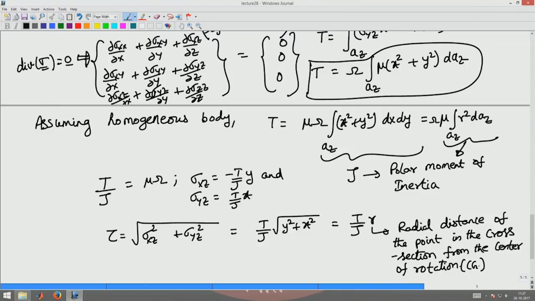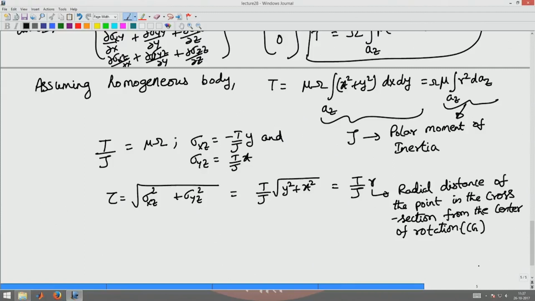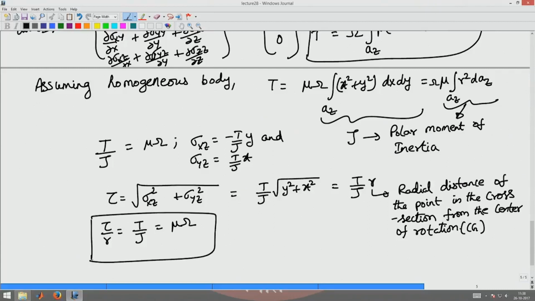Okay, so combining these equations, I have tau by r equal to T by J equal to mu omega. Okay, so this is called the torsion equation.